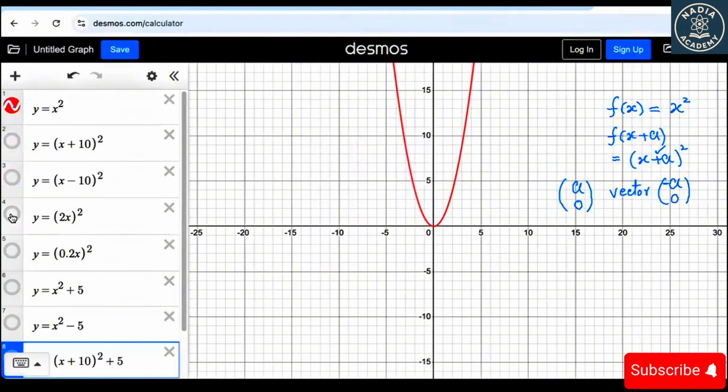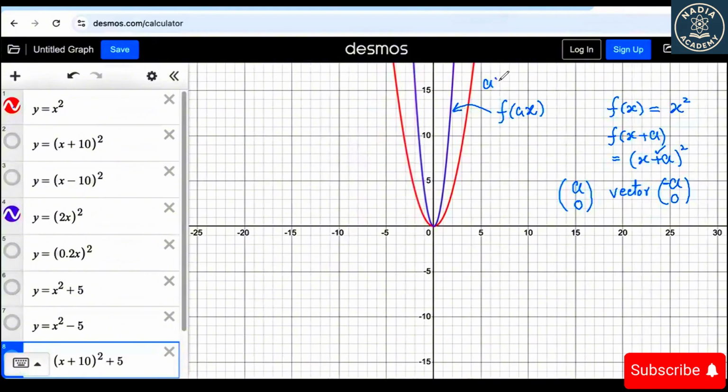Now, if I multiply our independent variable by a number, this is our new function f of ax. In this case, the parabola will either squeeze or stretch, and this depends on the value of a.